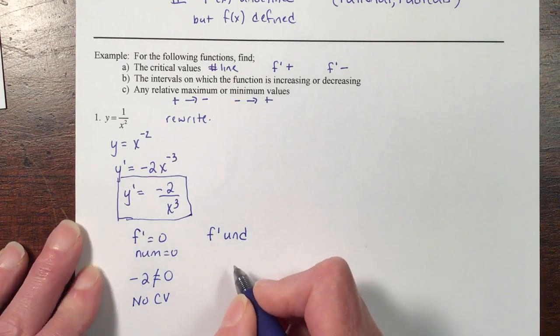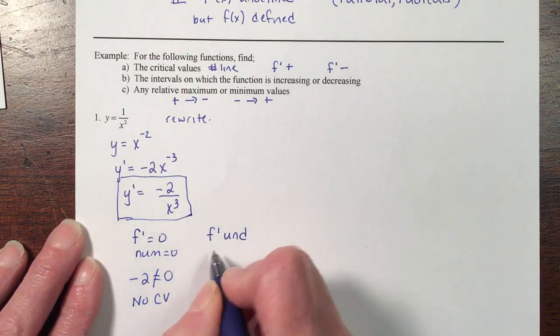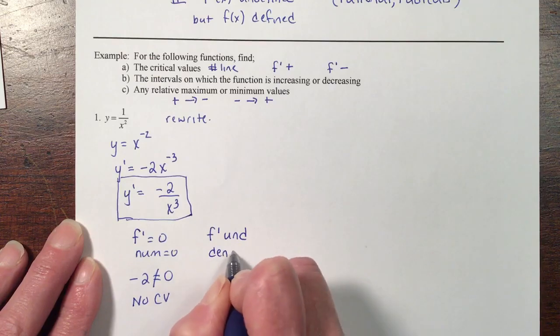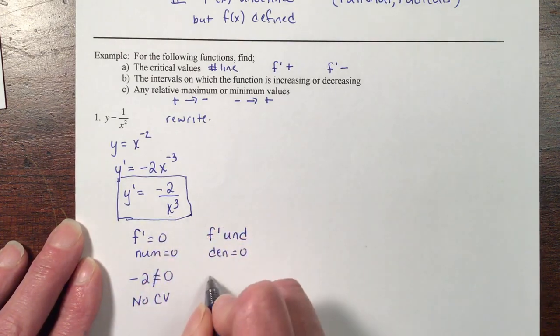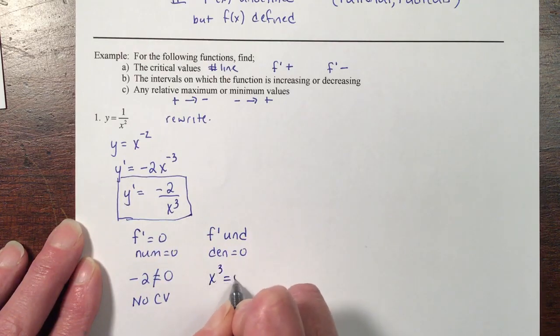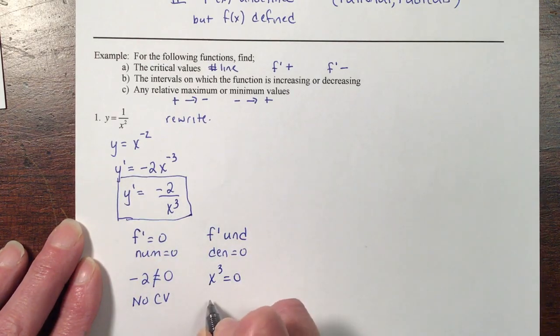Moving on to it being undefined. When we're looking for where a function is undefined, we want to set the denominator equal to 0. So I set x cubed equal to 0. Where is x cubed equal to 0? Well, that's when x equals 0. But now I want to take this value and plug it back into the original.